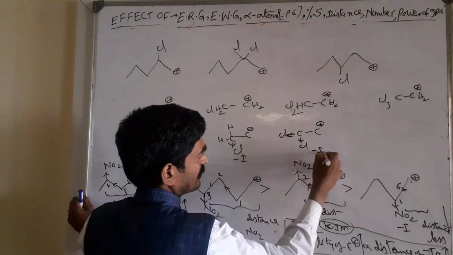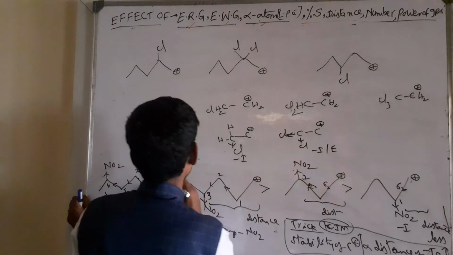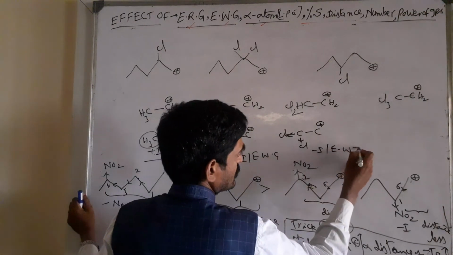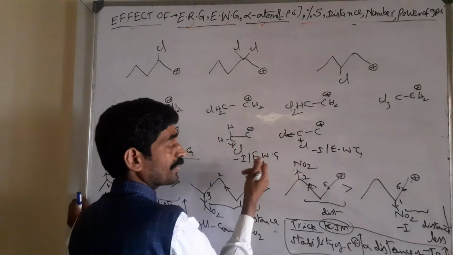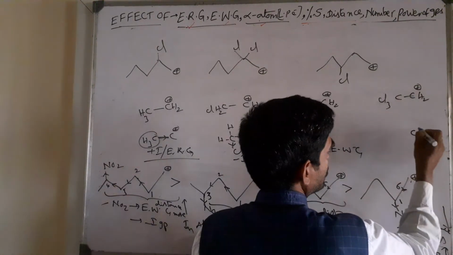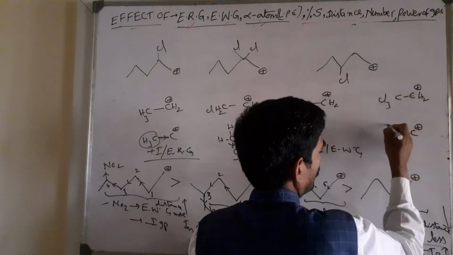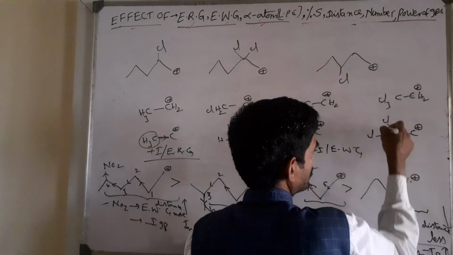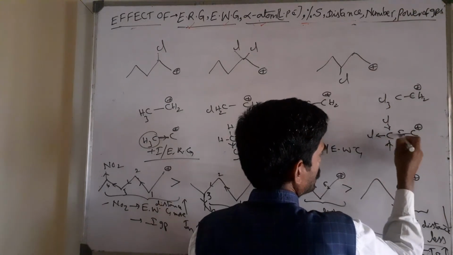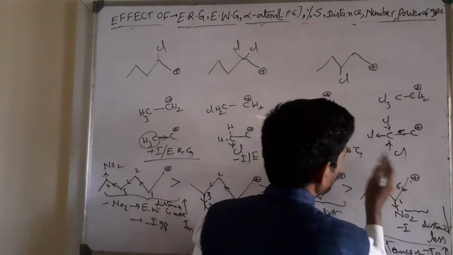These are negative groups, electron withdrawing groups, which withdraw electrons, so the effect is more. With more withdrawing groups, it becomes more unstable. Then here the carbon carrying positive charge has 3 chlorines bonded, all withdrawing groups that withdraw sigma bond electrons, so it is even more unstable.